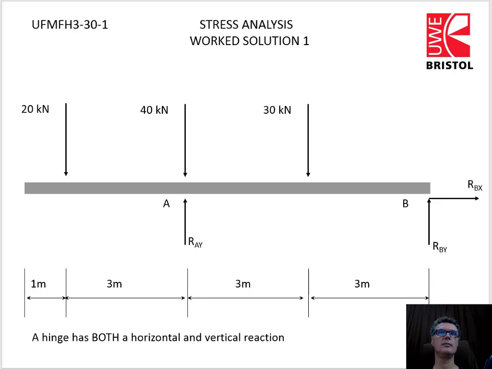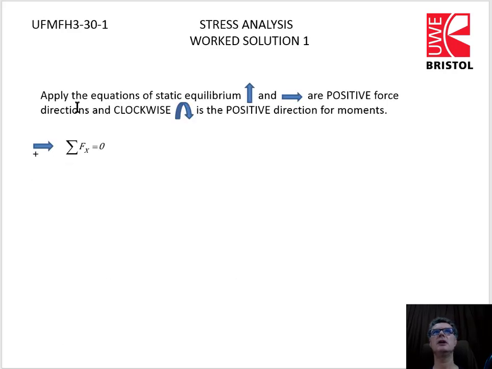Remember, these are forces as well. So these forces have to balance these forces because this beam isn't moving. A hinge has both horizontal and vertical reactions. There might be cases when you want to incline or skew the reactions, but they're always going to be 90 degrees to one another.